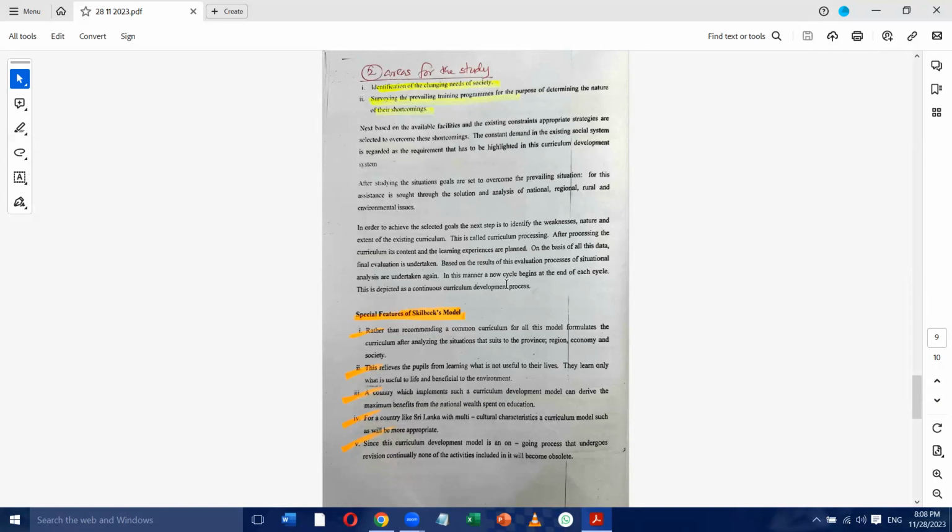Since this curriculum development model is an ongoing process that undergoes revision continually, none of the activities included in it will become obsolete. Right? So that is another one. You know why? Because the curriculum development model is an ongoing process that undergoes revision continually. You are not going to stick to one point.